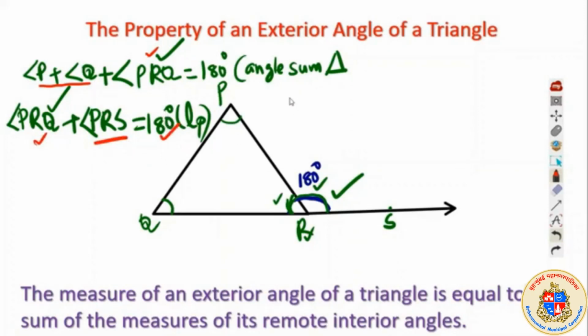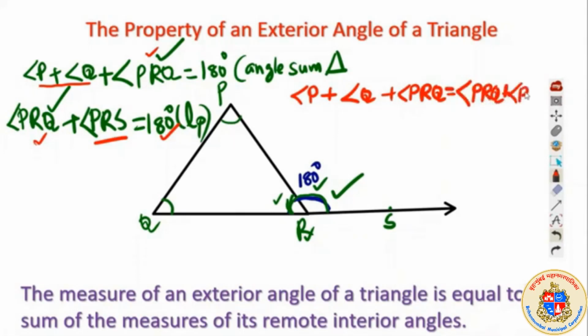How do we write it mathematically? We can write angle P plus angle Q plus angle PRQ, which is the interior angle, is equal to angle PRQ plus angle PRS.